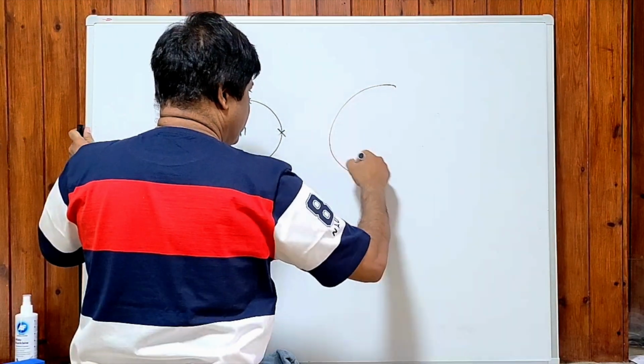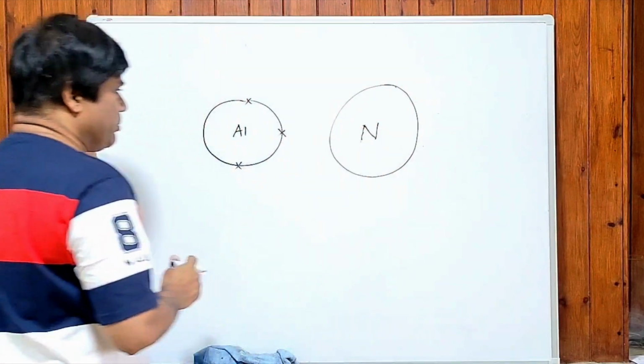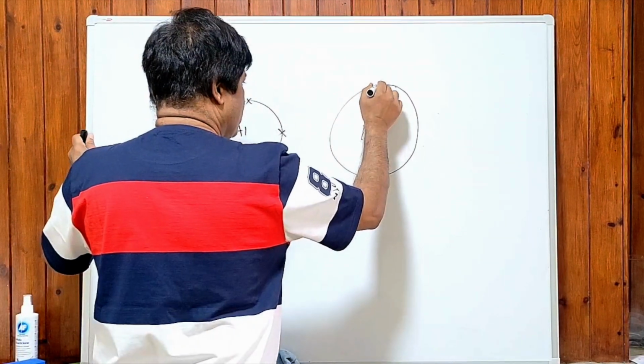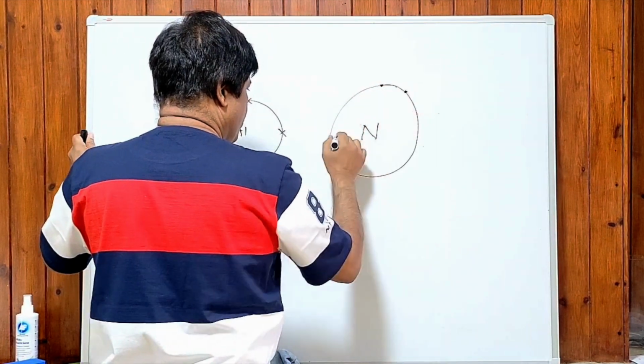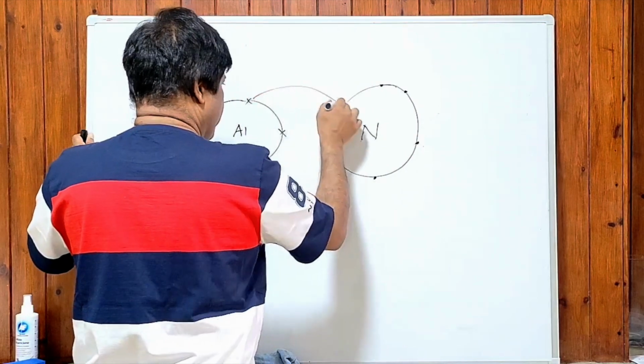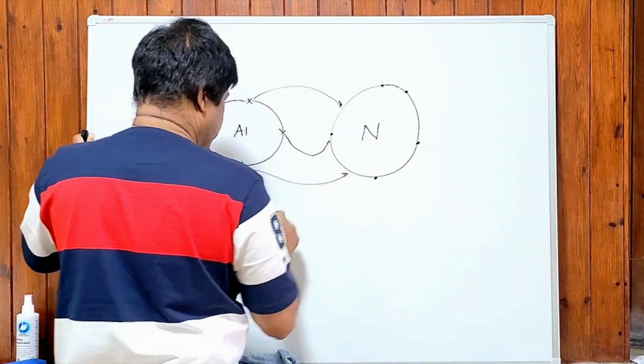Nitrogen has 5 in the outer shell and gains 3 to complete its octet configuration. Nitrogen: 1, 2, 3, 4, 5. It gains from the aluminium, gains from the aluminium, and gains from the aluminium.